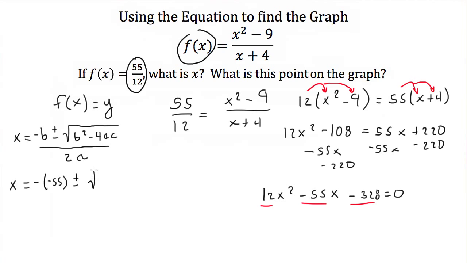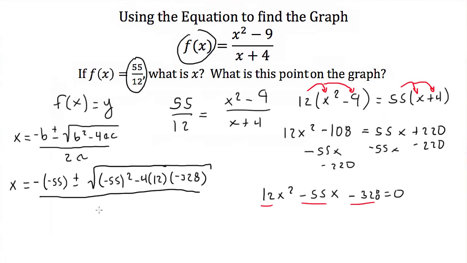So we'll get x is equal to negative negative 55 plus or minus the square root of negative 55 squared minus 4 times a, which is 12, times c, which is a negative 328, and then all over 2 times 12.